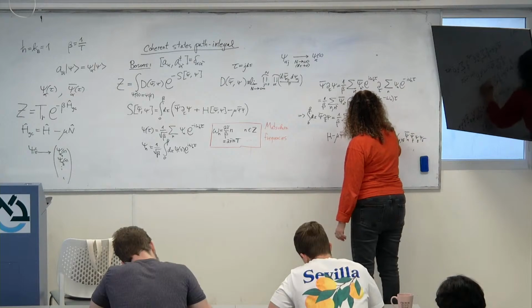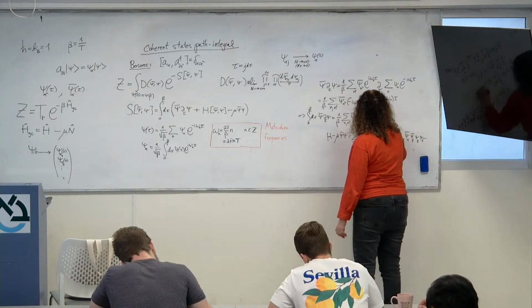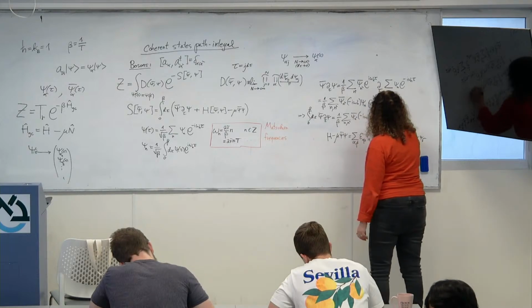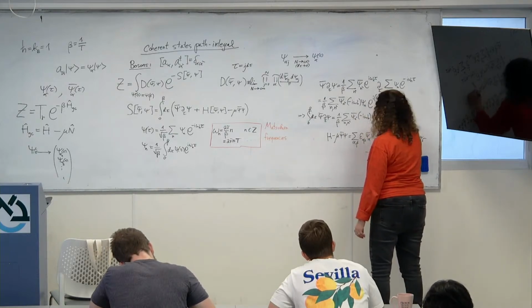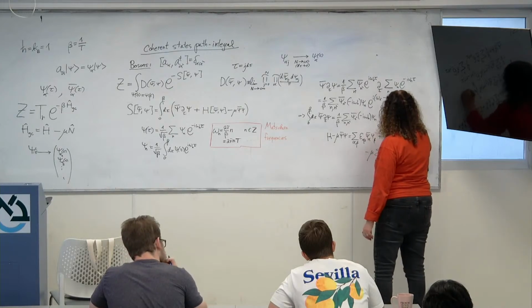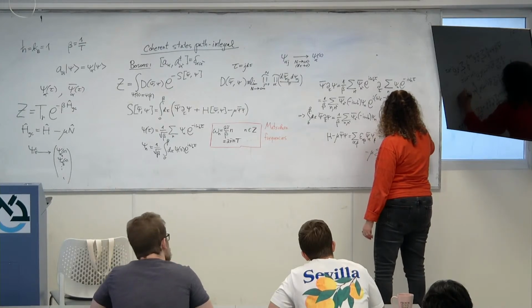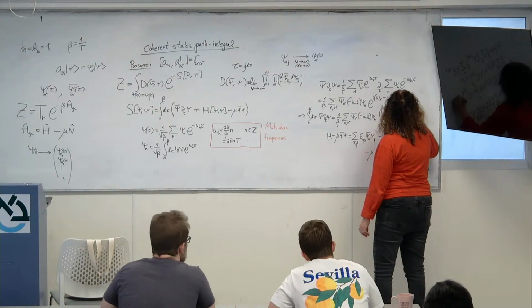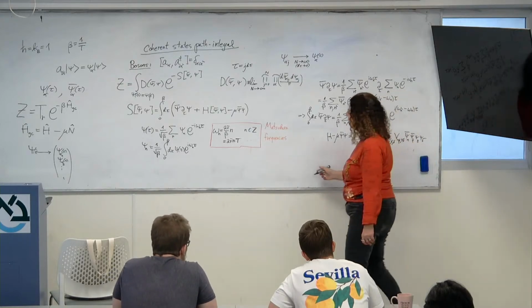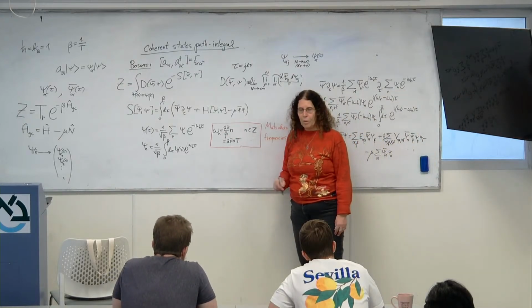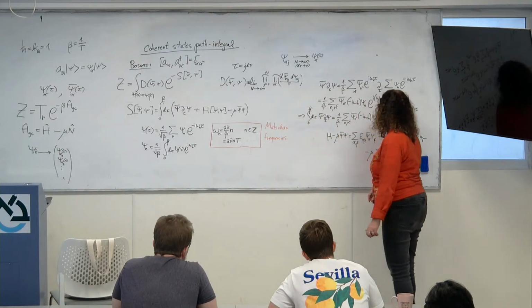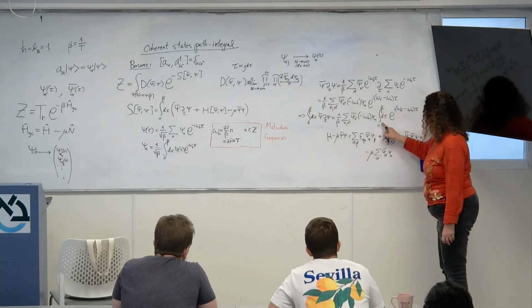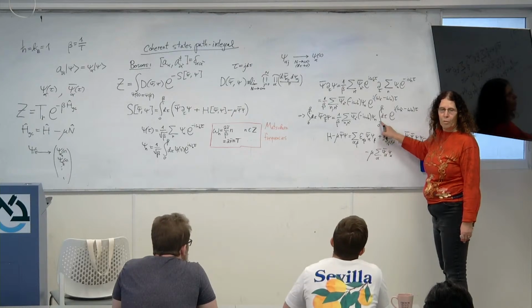Okay, I'm just copying it. And now I have an integral from 0 to beta of this exponential function, right? Where, remember, the Matsubara frequencies are just integer multiples of 2 pi over beta, and the integration is from 0 to beta.